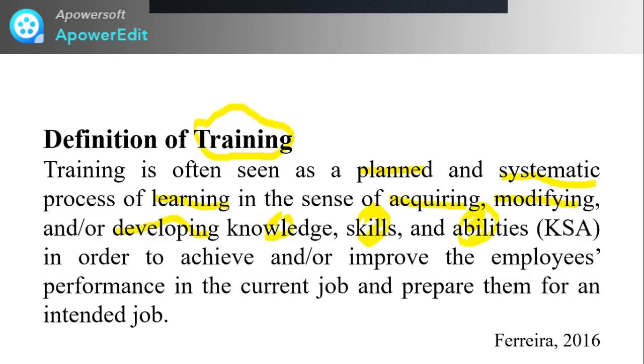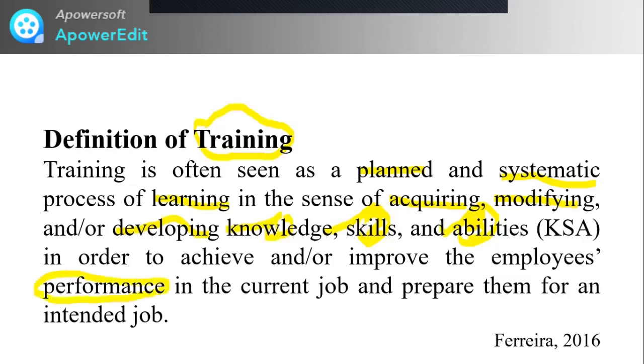So what is training? Training is a planned and systematic process of learning in the sense of acquiring, modifying, and developing knowledge, skills, and abilities in order to achieve and or improve employee performance.